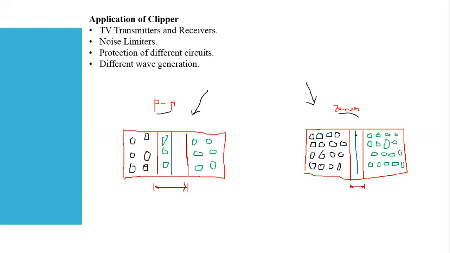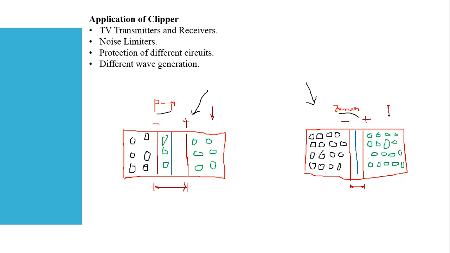More carriers are there due to heavy doping. So definitely negative charge here and positive charge here is going to be created. The same thing is created over here also. But the barrier potential in the PN junction diode is less because of fewer electrons present in the depletion region. But here the barrier potential is more. So this is the third difference.